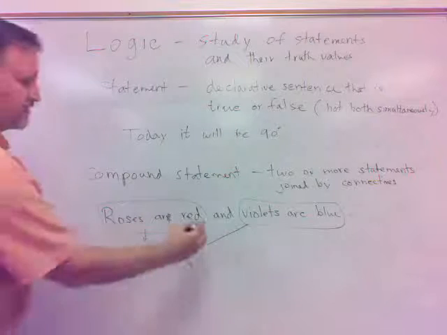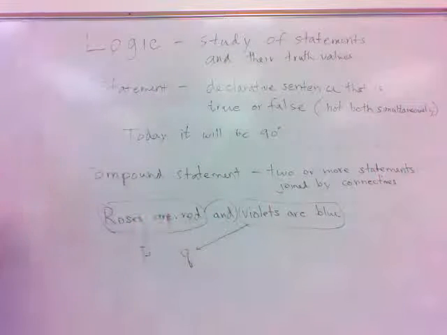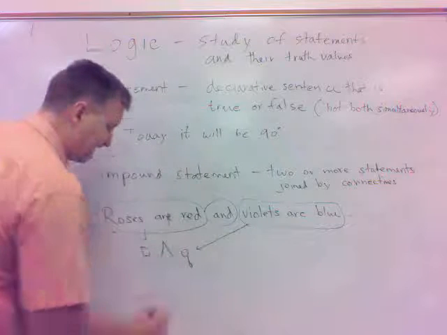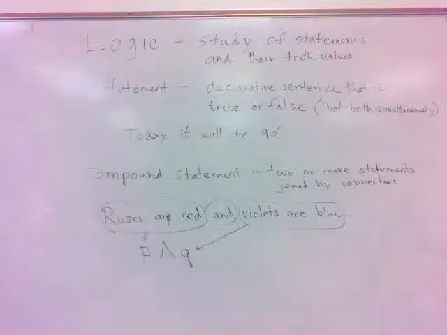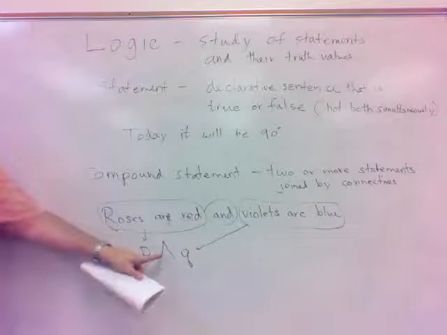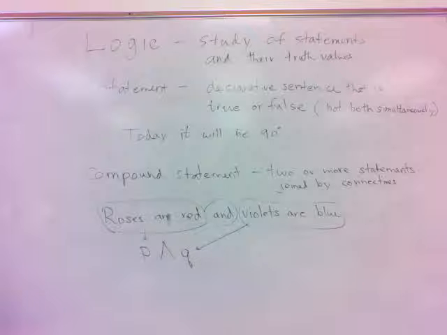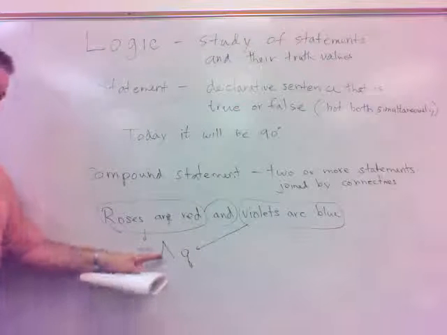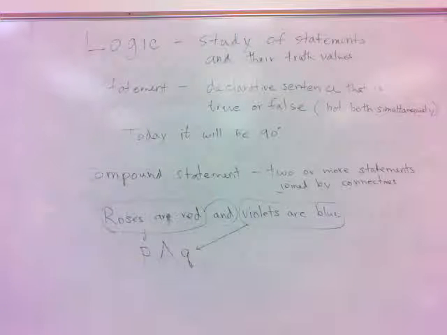And then also, the "and" statement is represented by this symbol. Looks like the tip of an arrow, maybe. That's going to be the "and". Kind of looks like a capital letter A without the little bar.